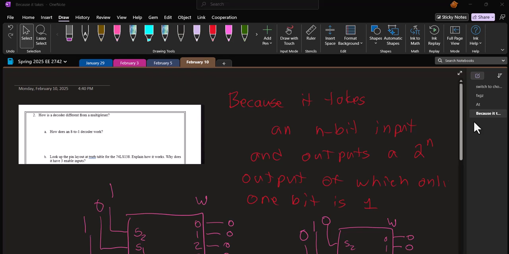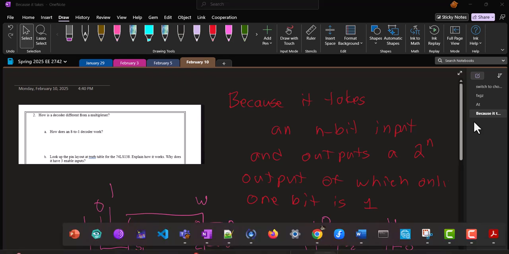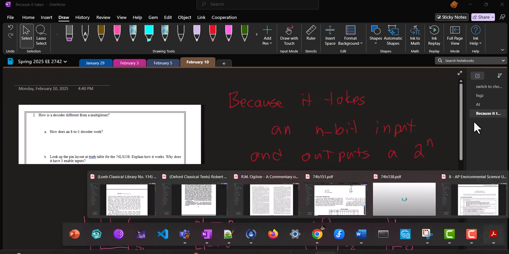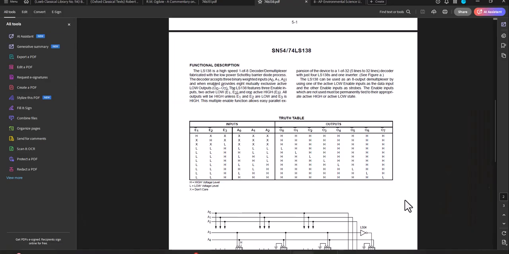What are we going to do for a 4-variable function, and what does our chip actually look like? So let's take a look at the truth table for the chip. And there's one thing that's real important to notice about this chip. Look at the inputs. It has E1, E2, E3, A0, A1, A2.